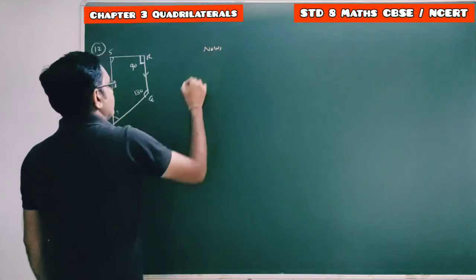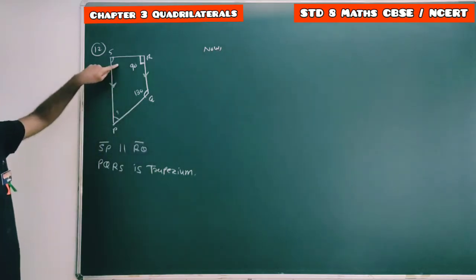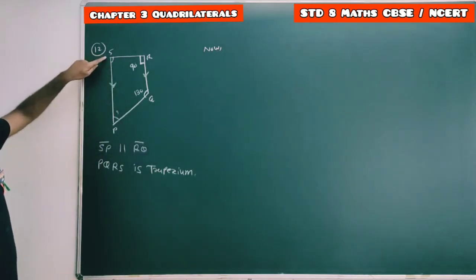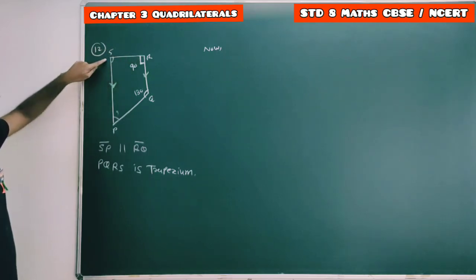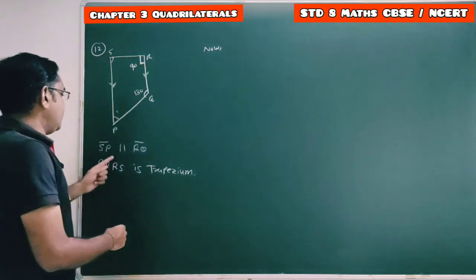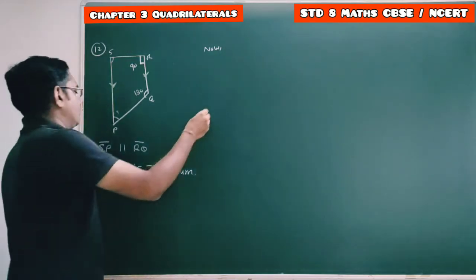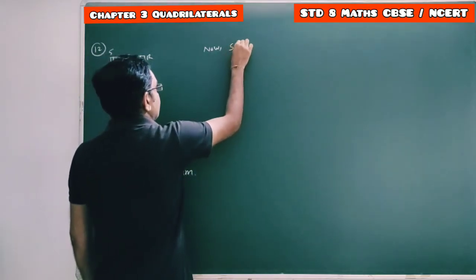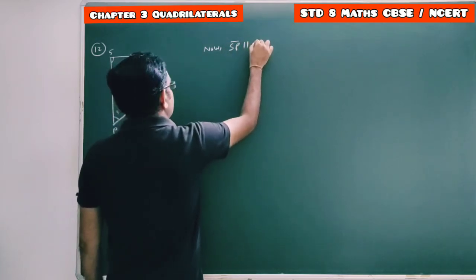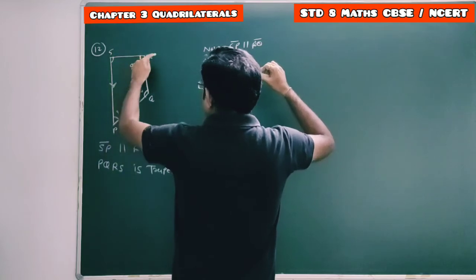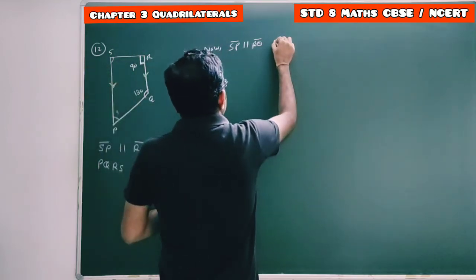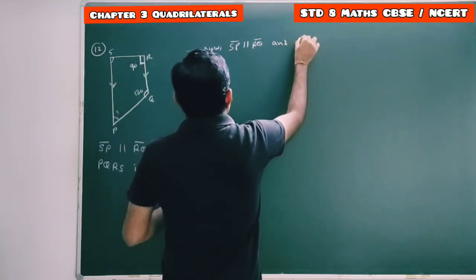So first we will find the measure of angle S. Here can we say SR is a transversal because SP is parallel to RQ. SP and RQ, these two sides are parallel, so SR will be its transversal.